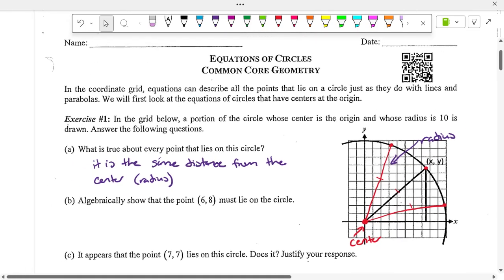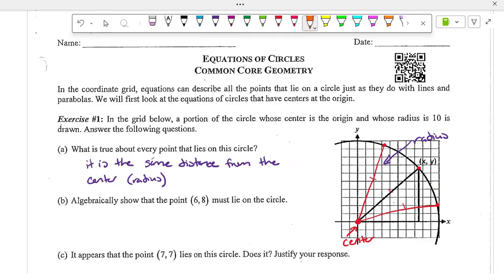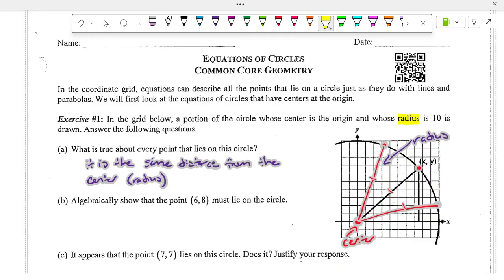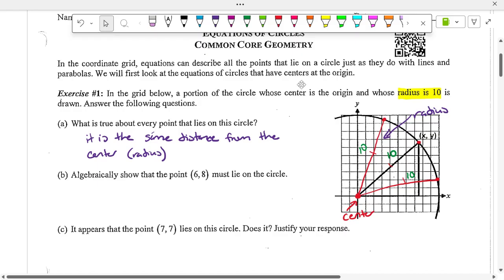Before we can even do that, we need to write out an equation. First off, they said the radius of the circle is 10. So any of these radii are going to be 10. And they said the center is the origin.